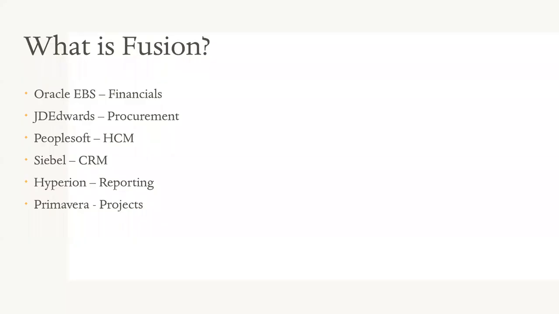So basically, what is Fusion application? Earlier we had the different versions of EBS, that is R12.